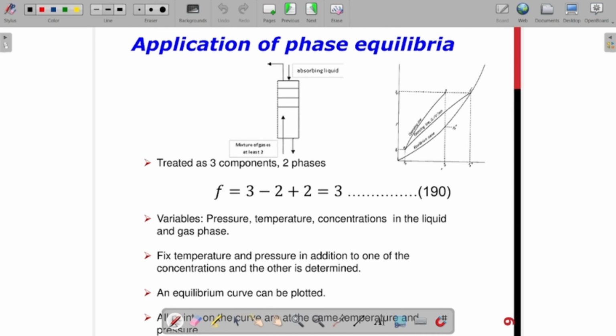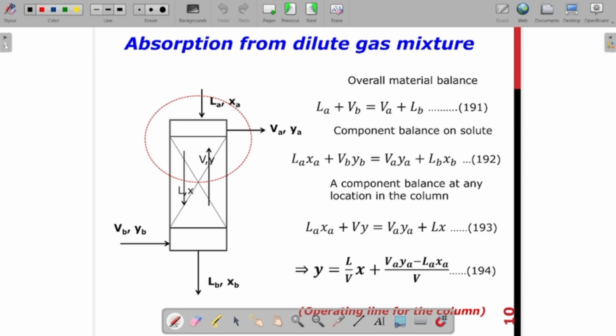And over here, if you want to determine the phase equilibrium, the number of phases, or the degree of freedom, the variables here. Over here, you can see the absorption column.